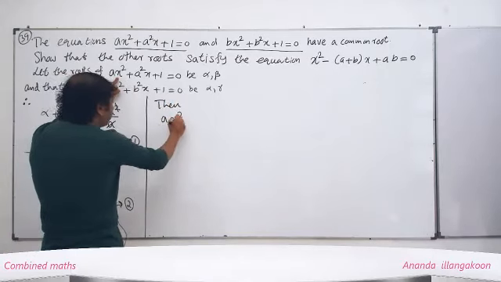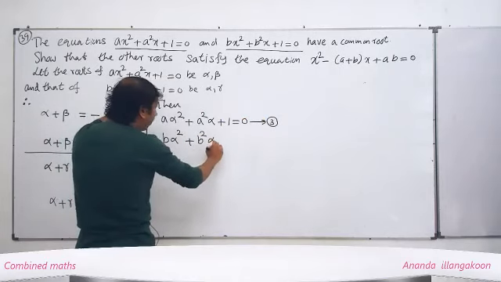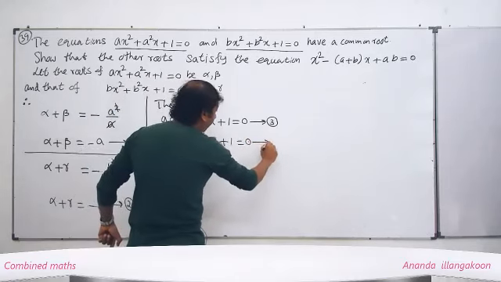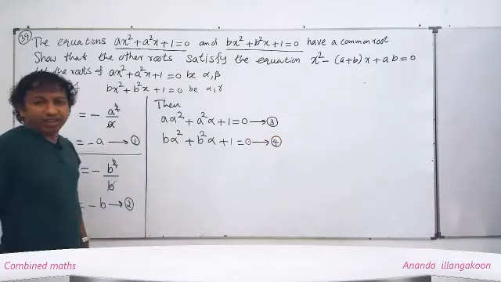Take this as number 3. And here, b alpha squared plus b squared alpha plus 1 equals 0. This is number 4. That way we get 2 equations.